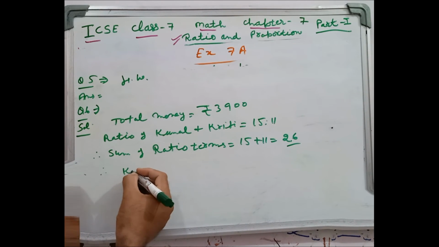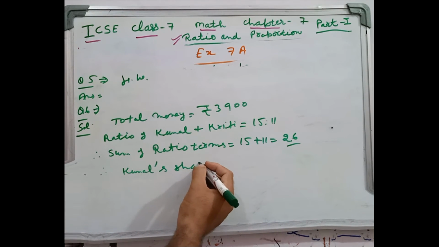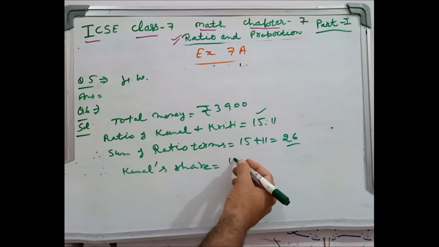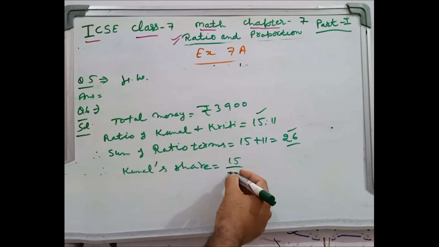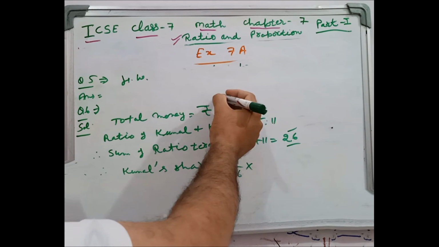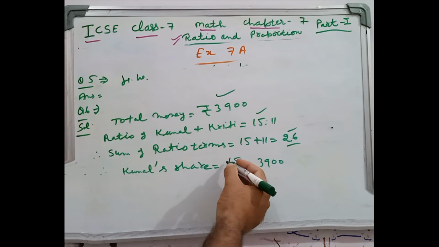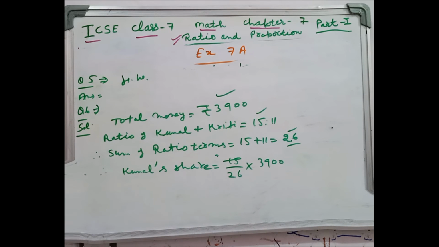Therefore, what would be Kunal's share? Kunal's ratio is 15, upon the sum of ratio terms 26, multiplied by the total money which has to be divided, 3900. 5 into 3, no, they will not go.